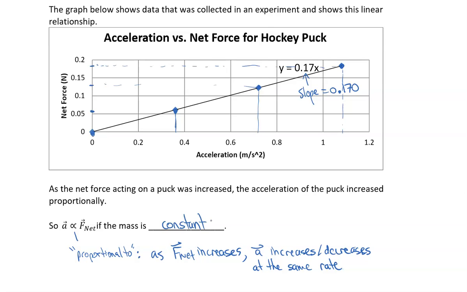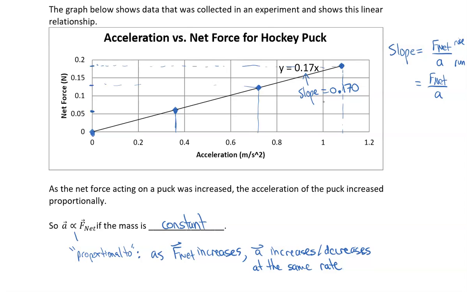And so if we look at the slope of this graph, the slope is equal to the rise over the run, right? So this is the rise, this is the run. Well, what was the net force? Well, the net force, if you think about it, is divided by acceleration.